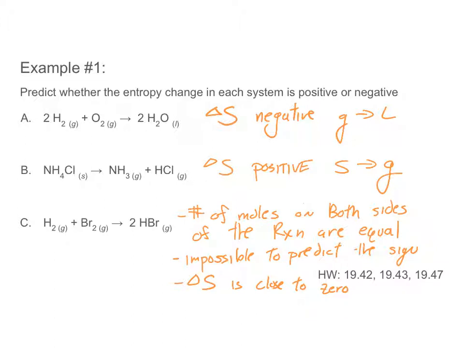Yes, sir. If for some reason we only had 2 on the left and 3 on the right, S would be positive, so 3 on the right.